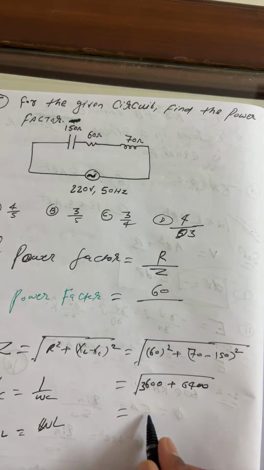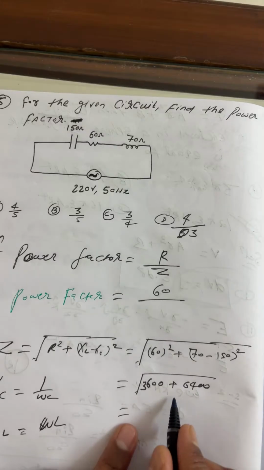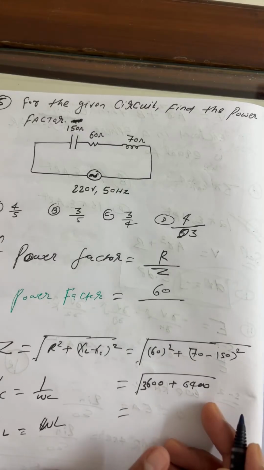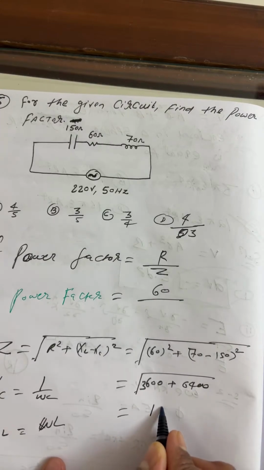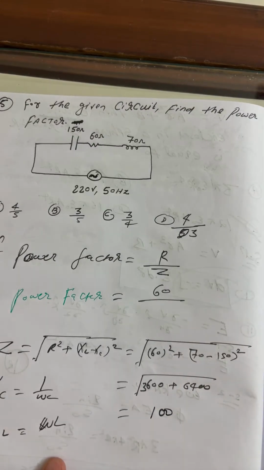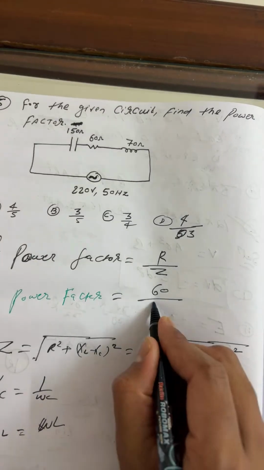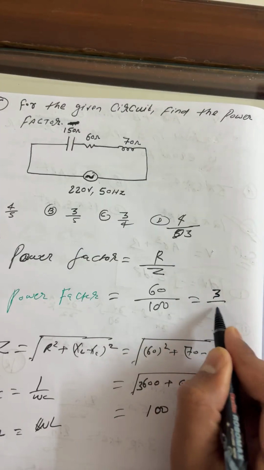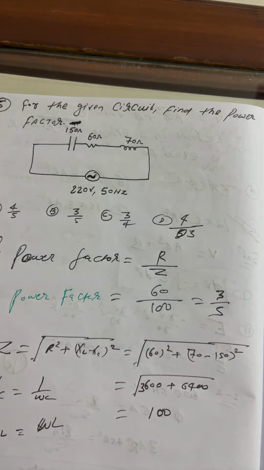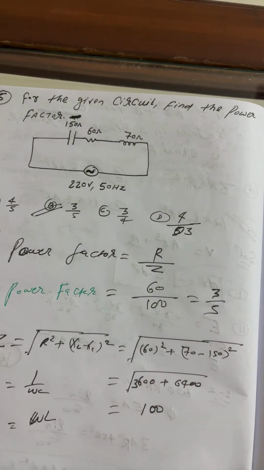How much will you get here? 10,000. So Z is 100. Am I right? So power factor is 60 by 100, which is 3 by 5. Option B is correct, my dear.